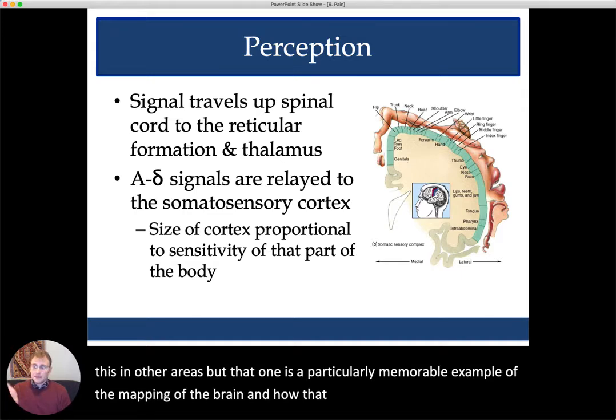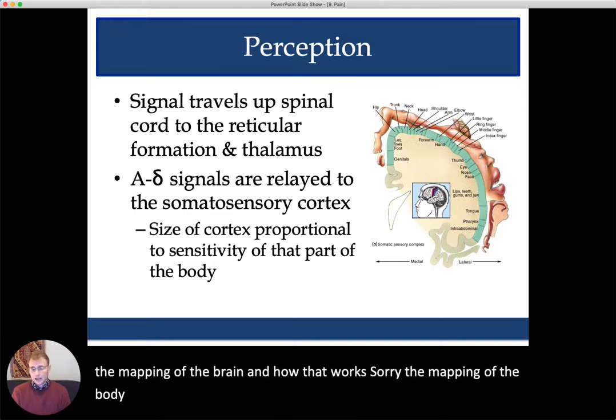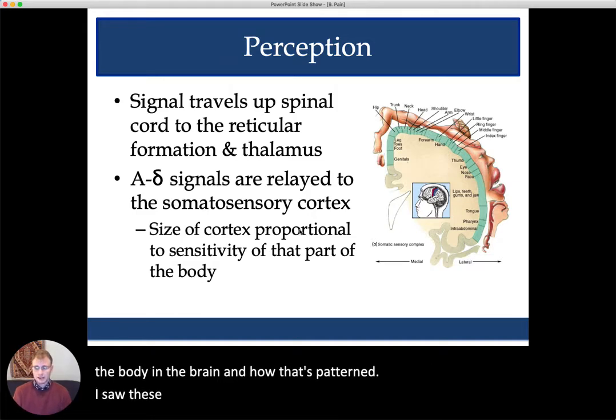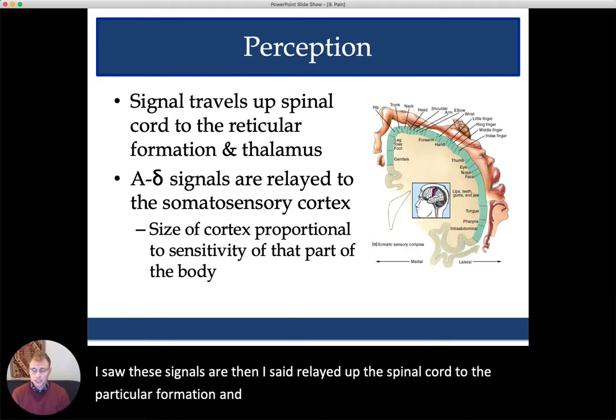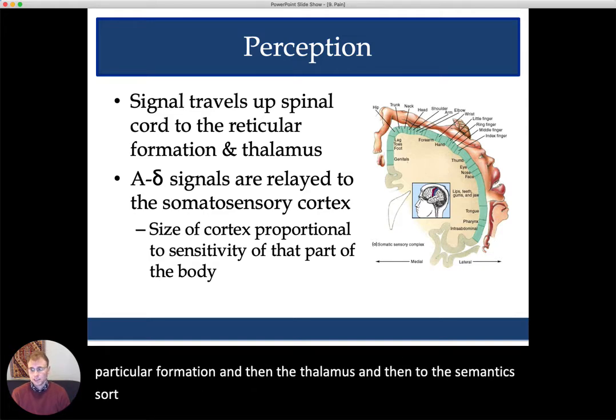Sorry, the mapping of the body in the brain and how that's patterned. All right, so these signals are then, as I said, relayed up the spinal cord to the reticular formation and then the thalamus and then to the somatosensory cortex. And this is what allows us to identify where we feel that pain.